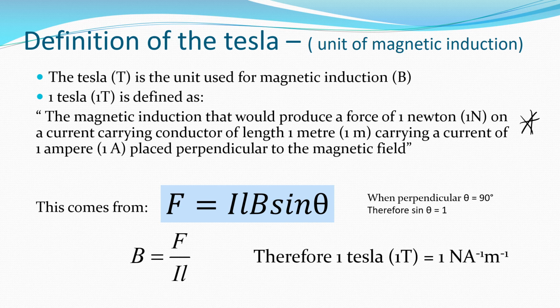The force experienced on a current carrying wire is directly proportional to the size of the magnetic induction. We can also say that the magnetic induction is inversely proportional to current and inversely proportional to the length of the wire. So as the length of the wire increases, the magnetic induction decreases. As the current increases, the magnetic induction also decreases.